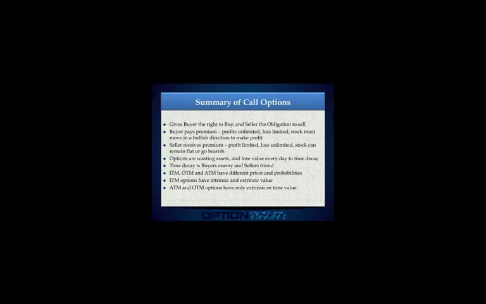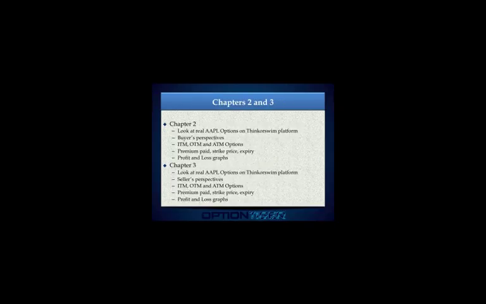So we've looked at call options using a real world example. Now it's time to go into the platform and look at real Apple options. So the next two chapters are going to be focused on this. Chapter 2 is going to look at options from a buyer's perspective, and chapter 3 is going to look at it from a seller's perspective.